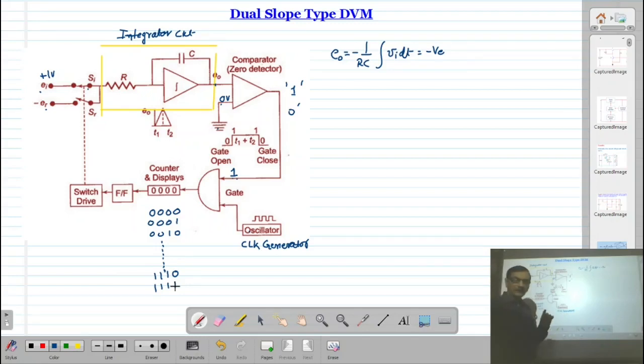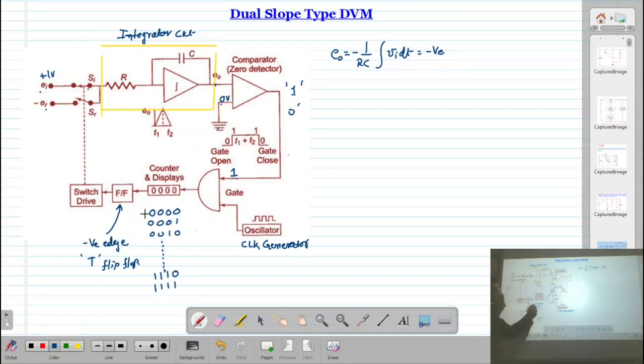Okay, now try to understand. Here, whatever the flip flop is there, it is a negative edge-triggered T flip flop. So to trigger this flip flop, we require the negative edge, and this negative edge is going to be provided by this counter.